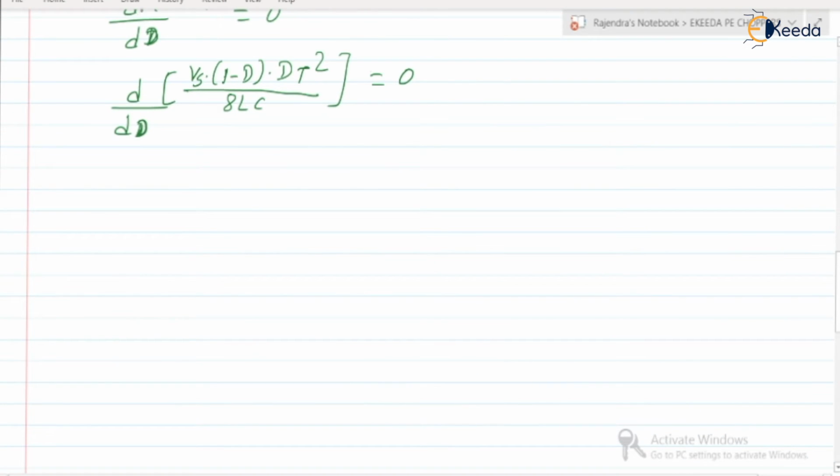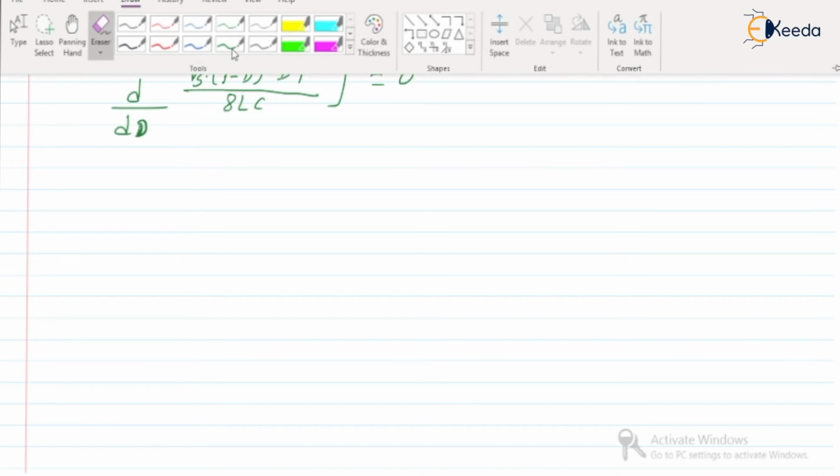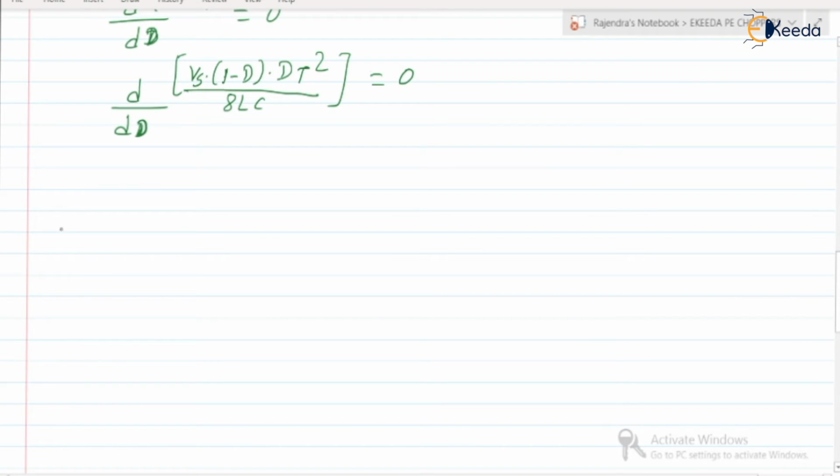Further we can simplify it. Therefore take Vs into T square divided by 8LC outside, since 8LC is a constant.